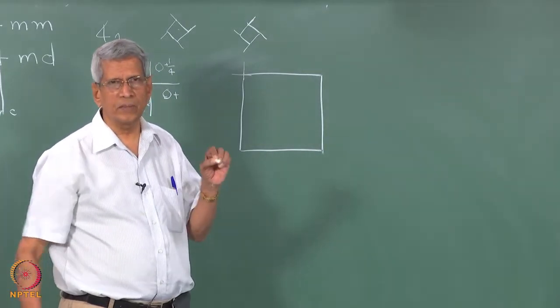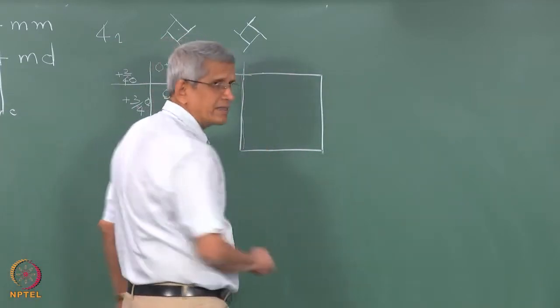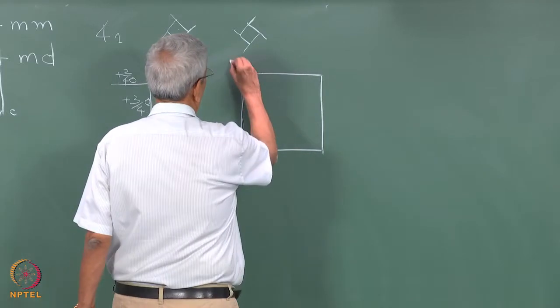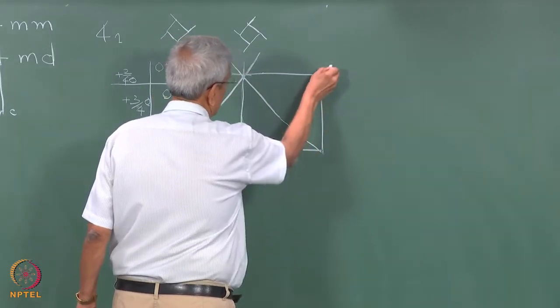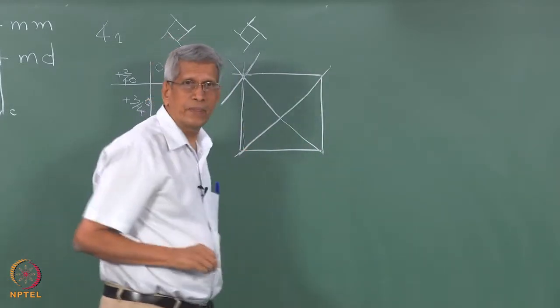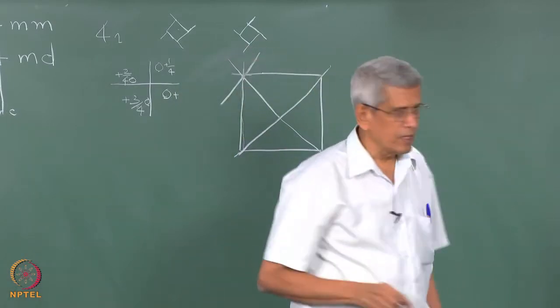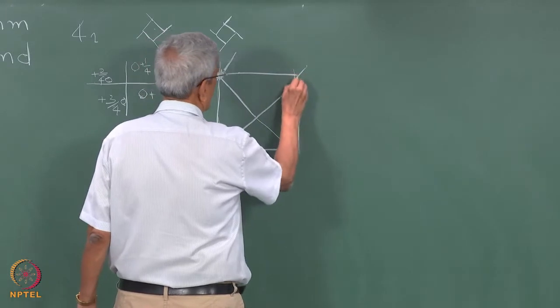Then what are the other symbols? Then there should be a mirror, one mirror should be there like this, correct? Another mirror should come like this also, right? That's essentially what's going to be there. Is it not? Then that means that this is a fourfold.